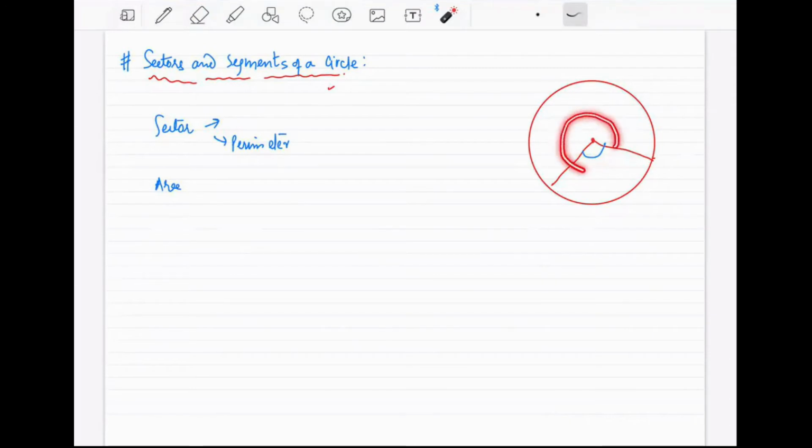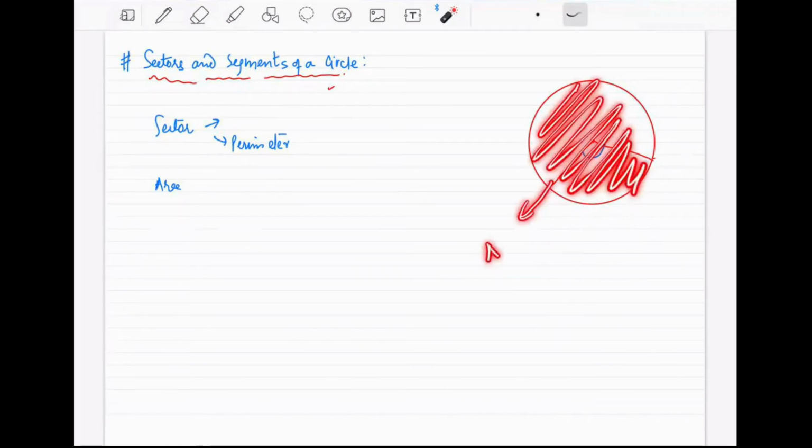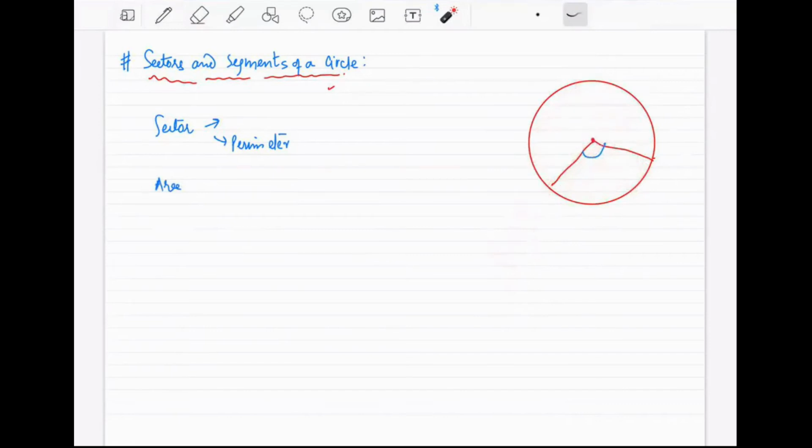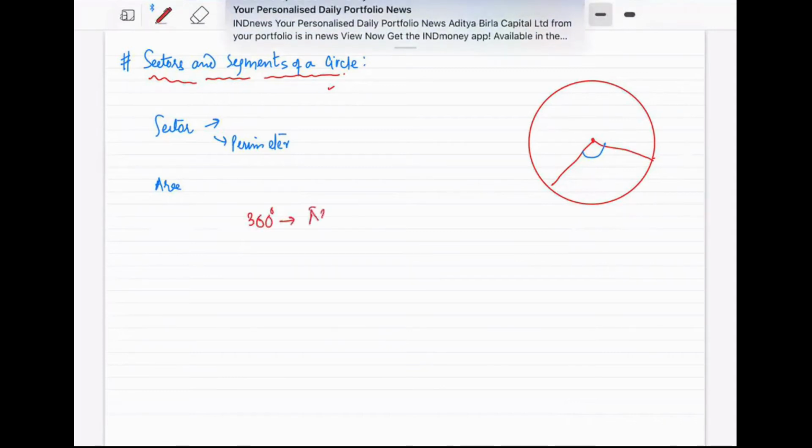If the angle comes from here to here, one rotation or one revolution, that is how much? 360 degrees. How much is the total area? Total area is pi r square, right? We have already learned that. The area of a circle is pi r square. And the total angle is 360 degrees. So for a 360 degree angle, the total area is pi r square.